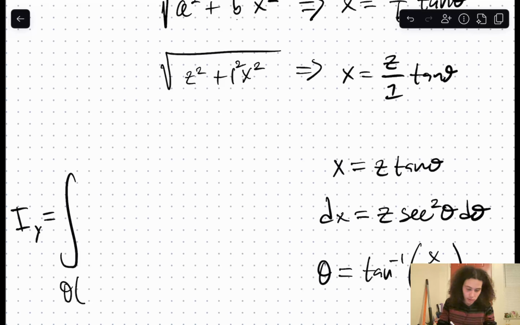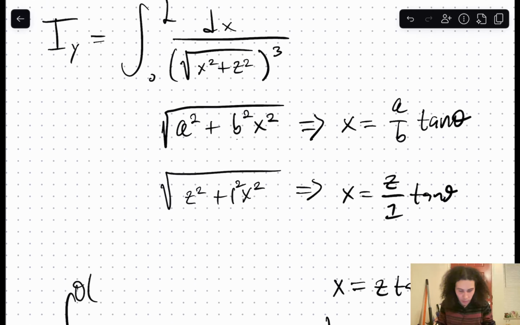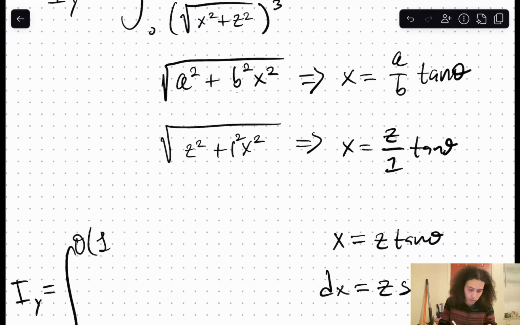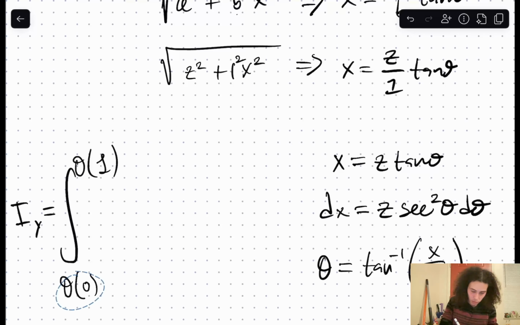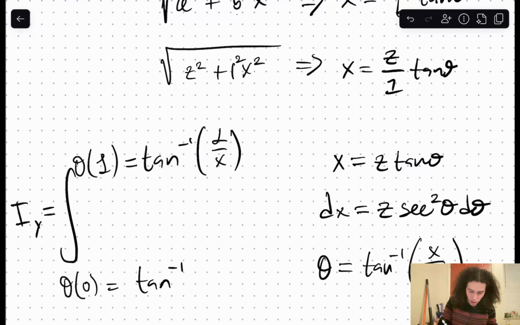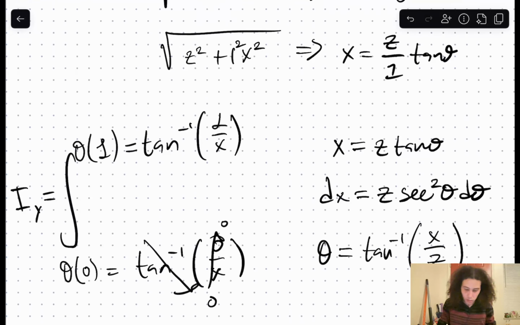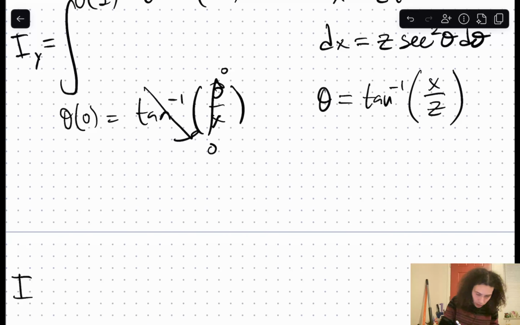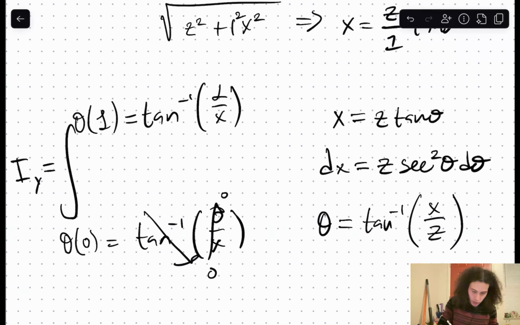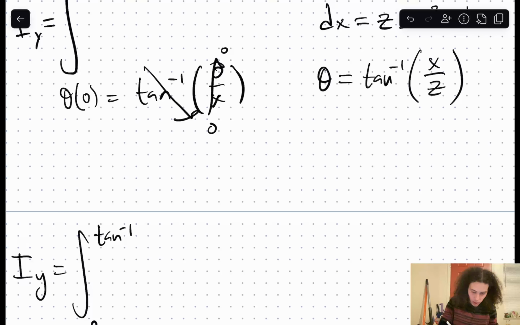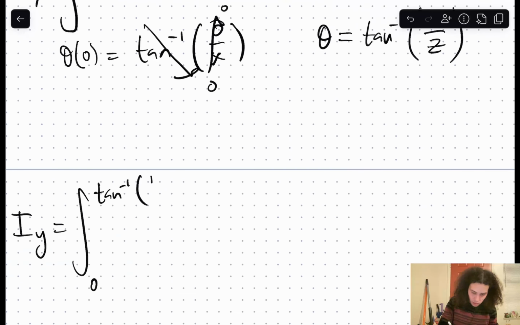It's going to be theta 0, theta L, which is this function here, but instead of putting x, we plug in L. Inverse tangent of 0 is just 0. So that's our bounds. This bottom is 0, and this top is inverse tangent of L over z.